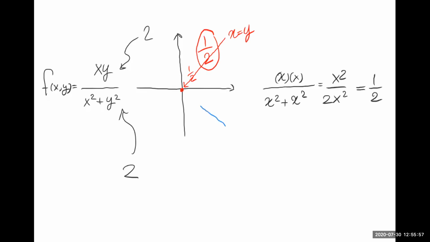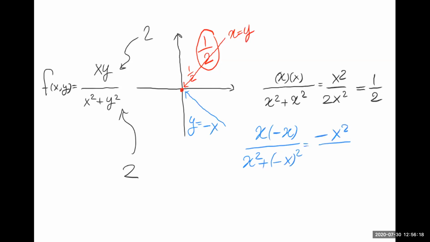Let's take another direction, y equals minus x. What would happen along this line? The numerator x times y, but y is minus x, is minus x squared, over x squared plus y squared, which is 2x squared. If I cancel them, I would get minus 1 over 2.